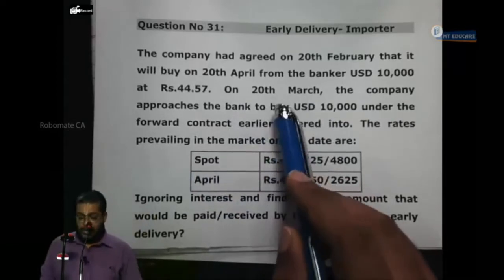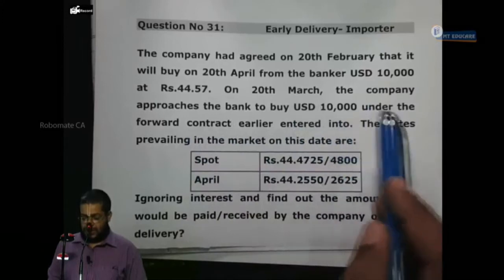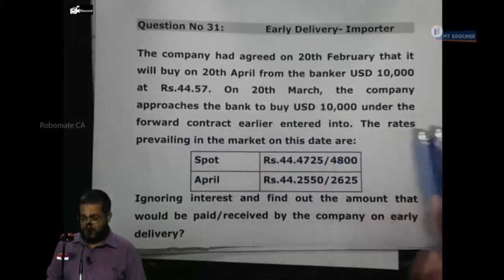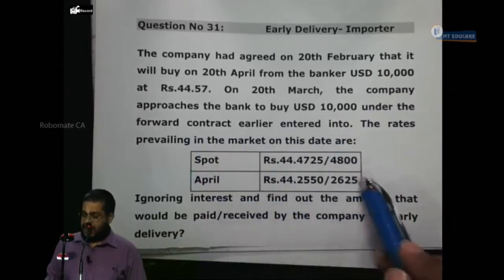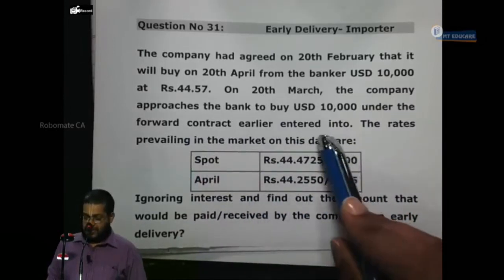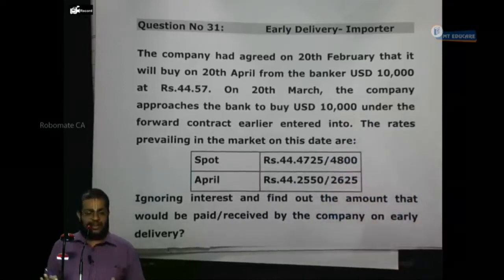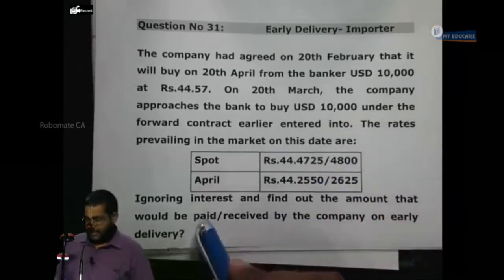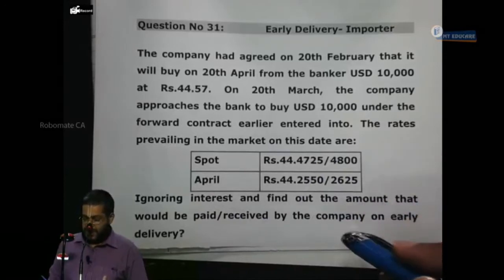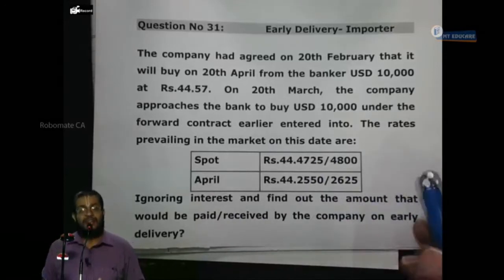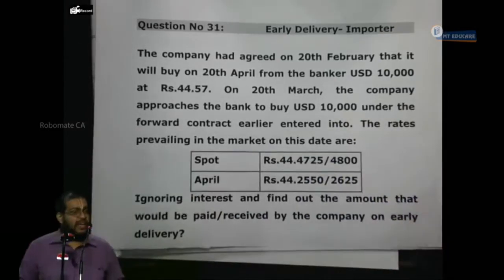Now, on 20th March, the company approaches the bank to buy the US dollar 10,000 under the forward contract earlier entered into. The rates prevailing in the market on this date are spot rate given, April given. This April forward given on the date is an outright forward, so we need not do any calculation, right or not? Next, ignoring interest, find out the amount that would be paid or received by the company on early delivery is the question. Can we start or not? No. Let us start with the calculation.